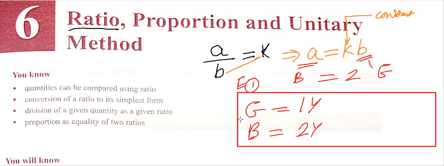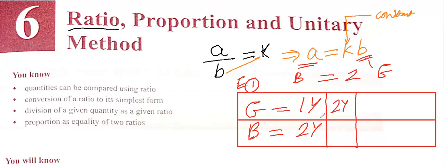So ratio is used for comparison. I'm comparing two quantities: the age of the boy and the age of the girl. If the age of the girl is 2 years, the age of the boy will be 4 years.